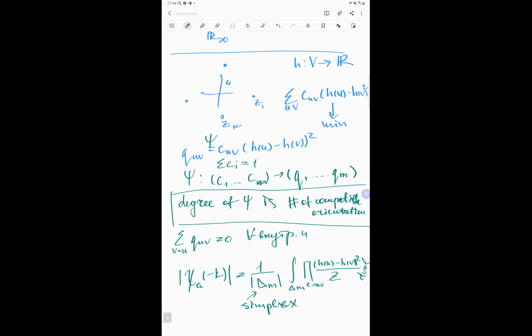So, function h is the solution of Dirichlet problems on graphs with set values on boundary vertices, which minimize this expression.